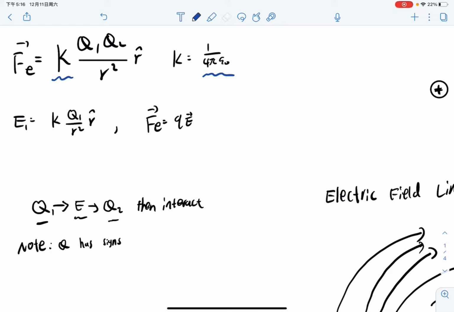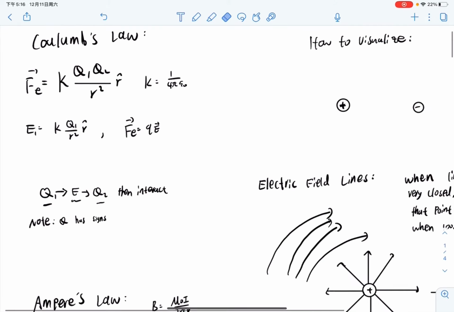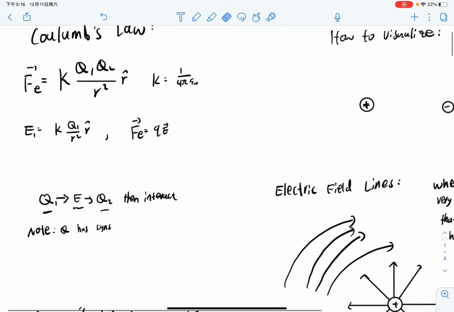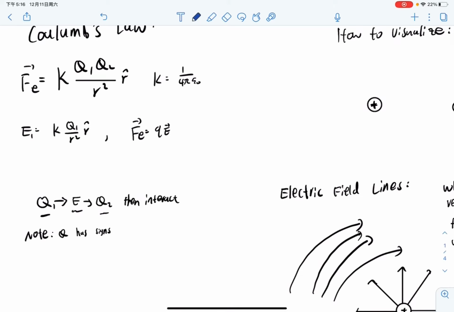And you might wonder why charged particles attract each other. The reason is that the first charged particle sends out an electric field, and when the electric field reaches charged particle 2, they attract or repel.